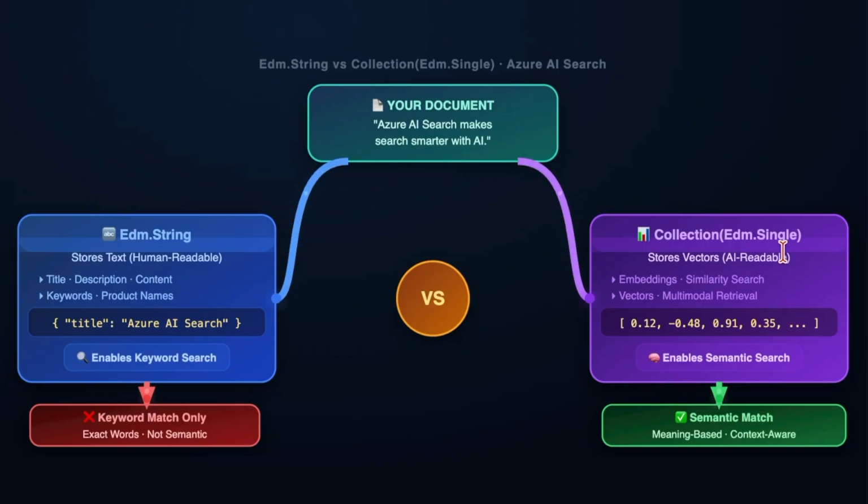On the right, Collection(Edm.Single) gives you semantic match, meaning based, understands context, finds relevant results even when words don't match exactly. That same search for intelligent search engine would find a document about smart search tool because the meaning is close. This is the power of vector search, and it only works if you use the right field type, Collection(Edm.Single). If you use Edm.String for your embedding, it breaks, full stop.